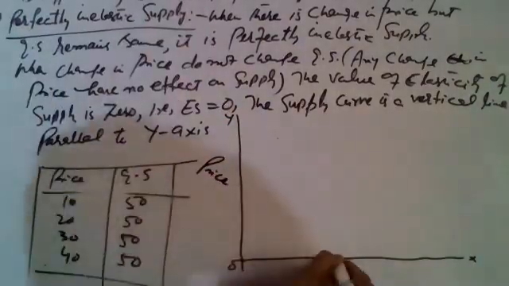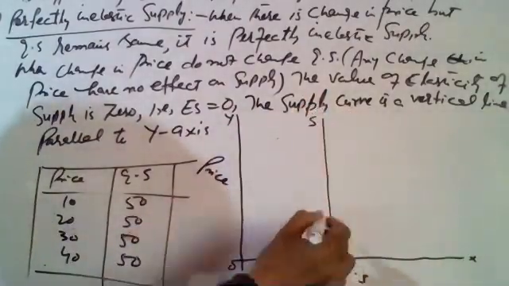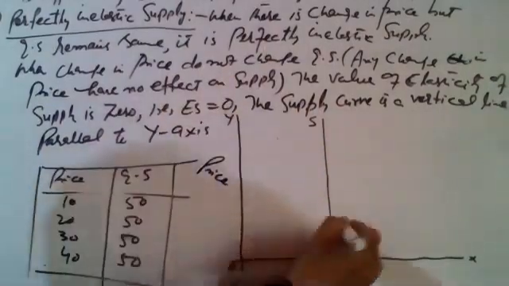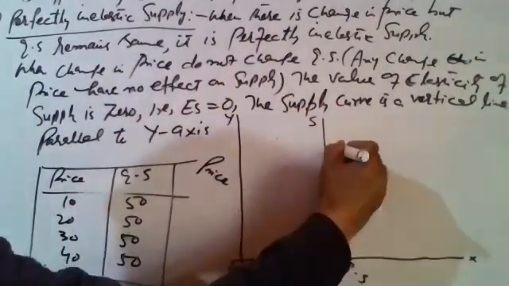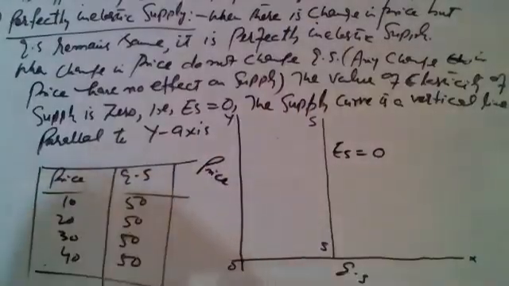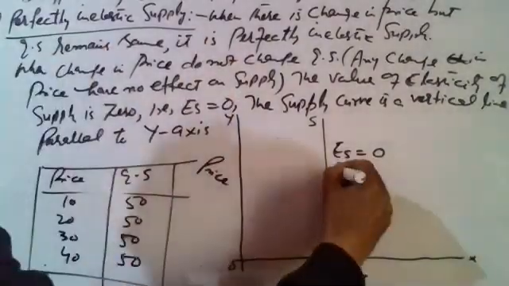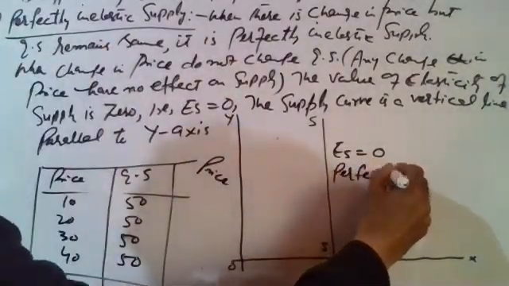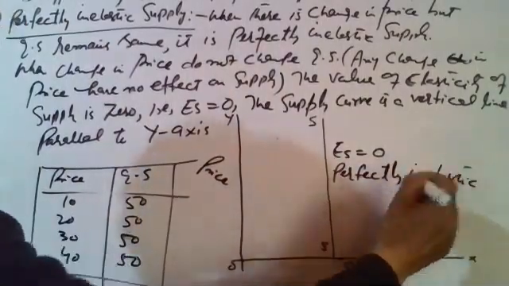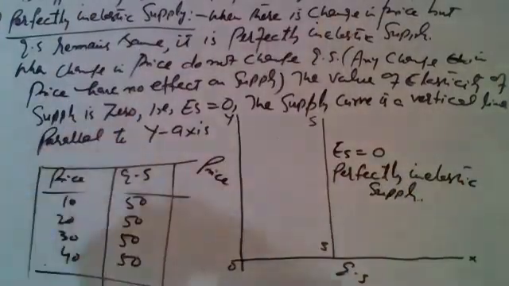The supply curve is a vertical line parallel to the y-axis. This is perfectly inelastic supply. The coefficient of elasticity of supply is 0.